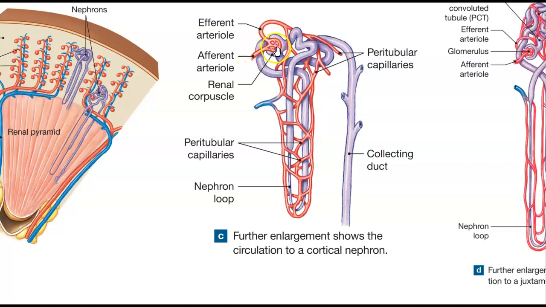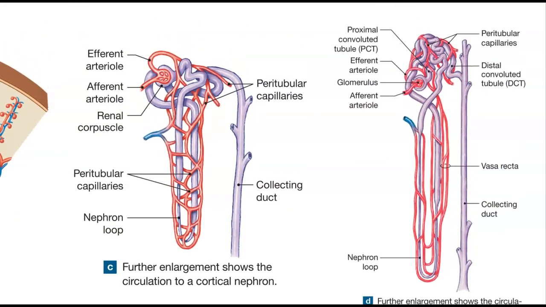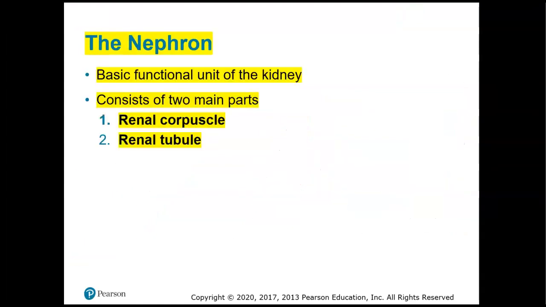So: the afferent arteriole, the glomerular capillaries, the efferent arteriole, and then the peritubular capillaries, which eventually drain into the cortical radiate veins. Now, if it is a juxtamedullary nephron, your peritubular capillaries branch into the vasa recta, and the vasa recta run parallel to the nephron loop, and then they drain into the cortical radiate veins. So that is how the blood supply works.